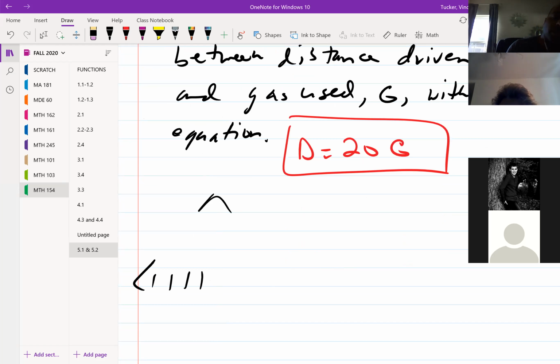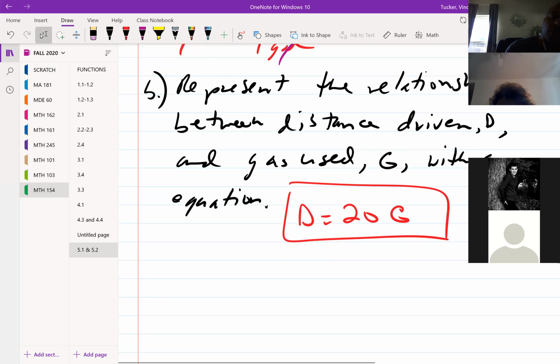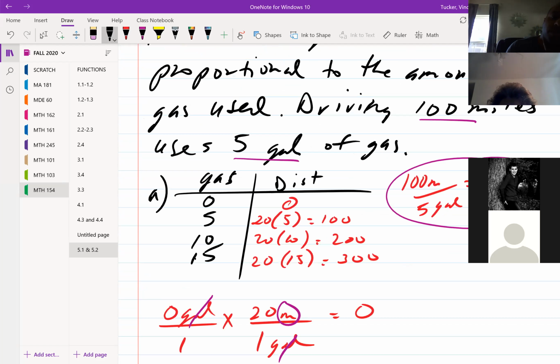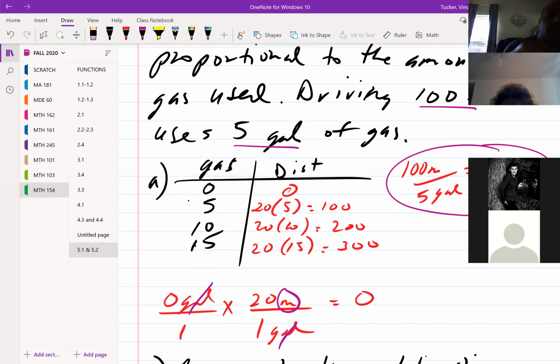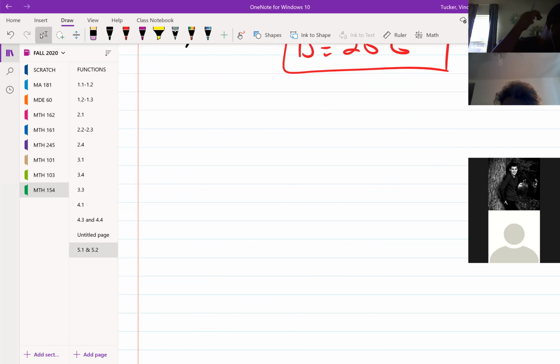All right, so let's go here. They do ask us to plot the points because really all we would do is take one of these points. We could take 0, 0, and then 5 and 100. But I just want to make sure we're clear on plotting points first, because they asked us to do that with C, just plot the line.